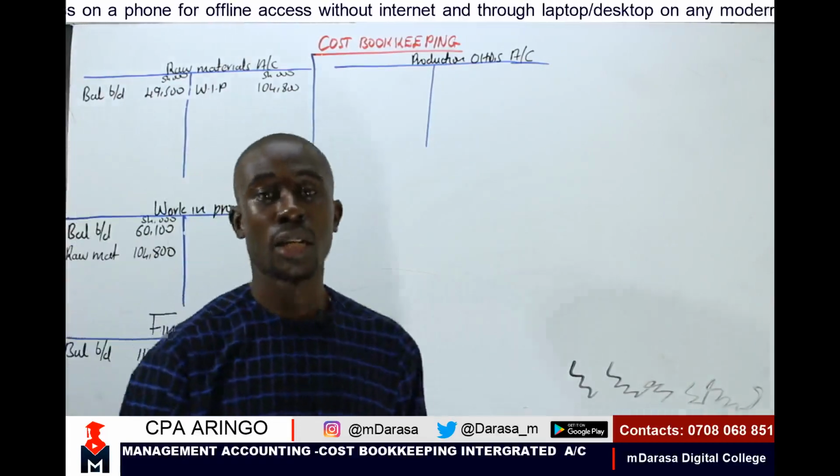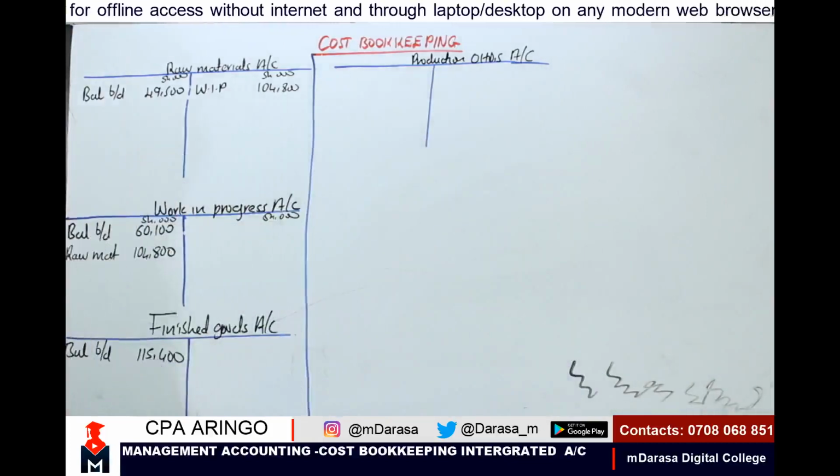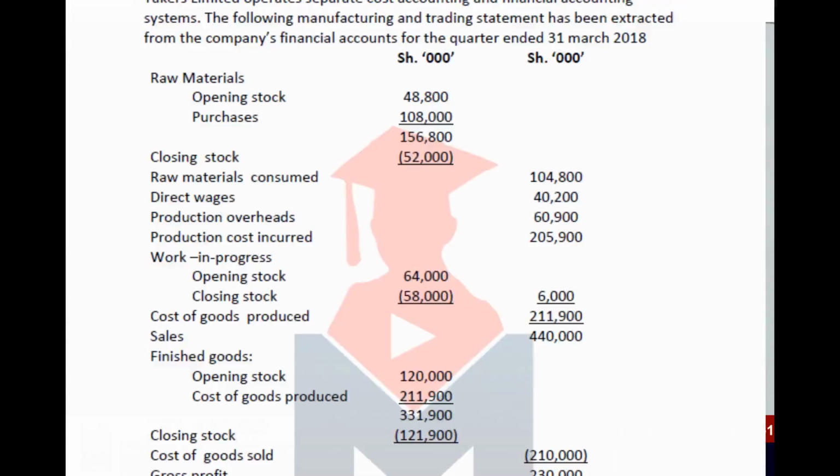Going to the next component, after raw materials consumed, I'm having direct wages. If you can recall, for direct wages the key concern will be the double entry.